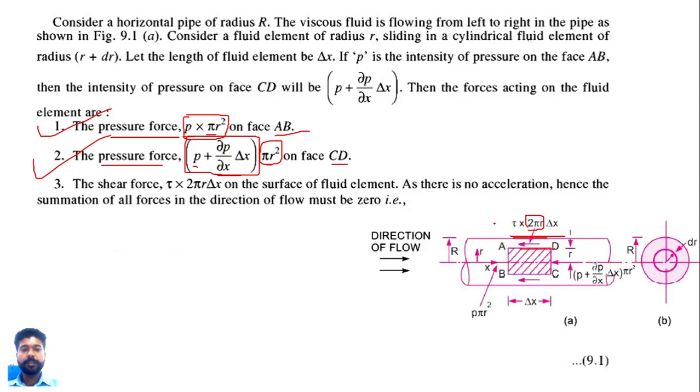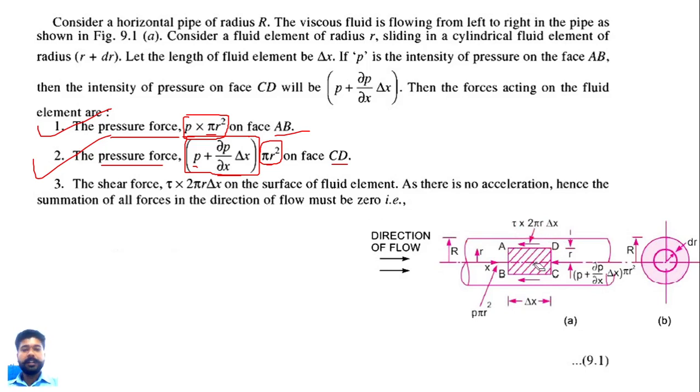We are going to find the force. The force equals stress into area, where the area is 2 pi r into dx, the length of this cylindrical small element. So this F is the shear force.